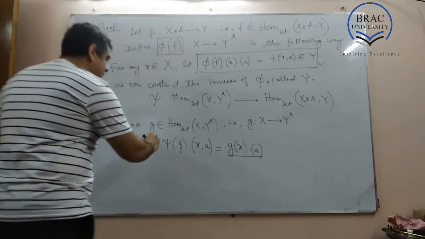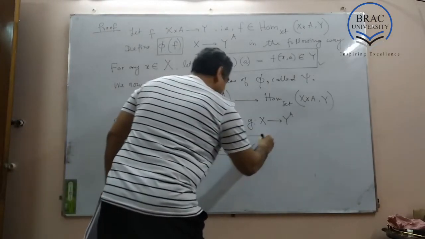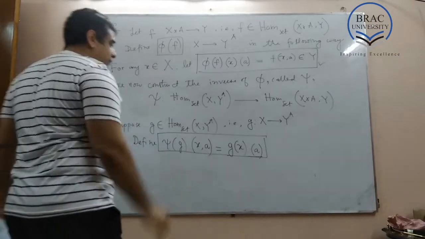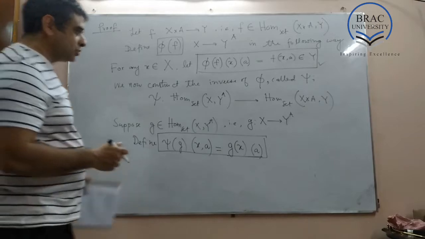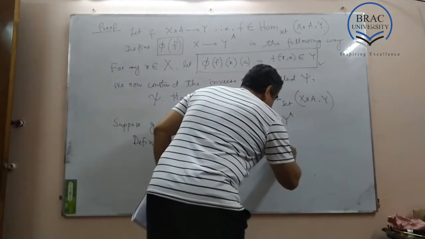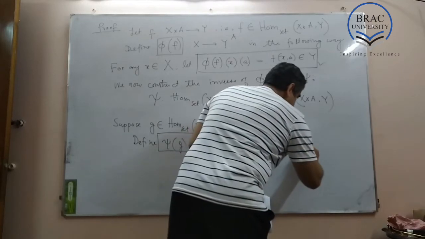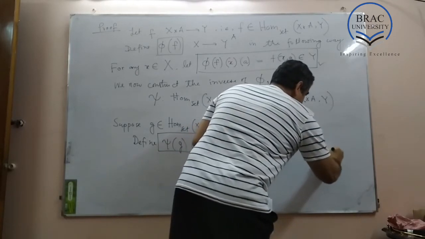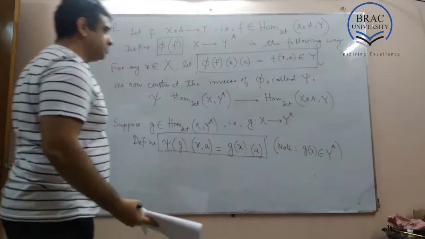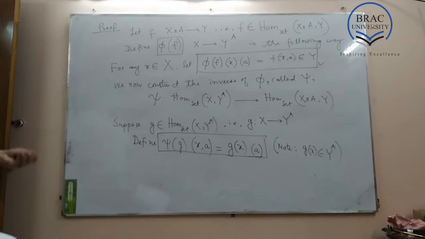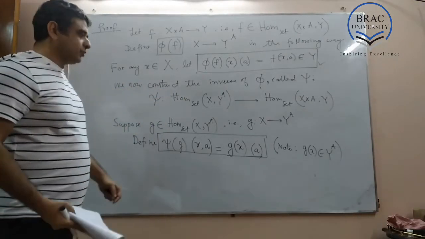So this is how we are defining this inverse. And the claim now is that psi is indeed an inverse of phi. Okay? So I have put a note here in the lecture saying that g x is indeed in Y to the A by the definition of g, or by the choice of g. Okay, g was taken to be in this set.